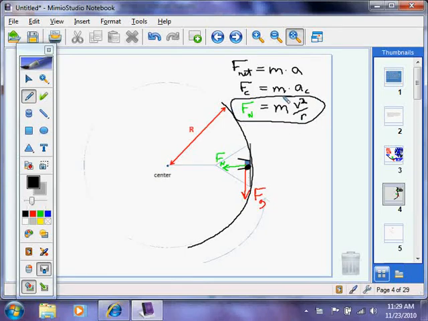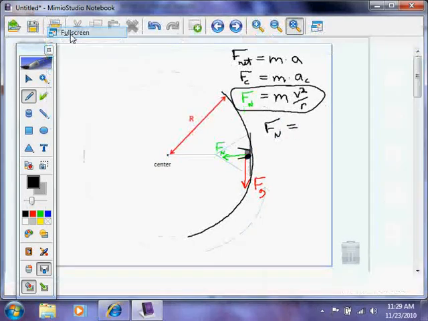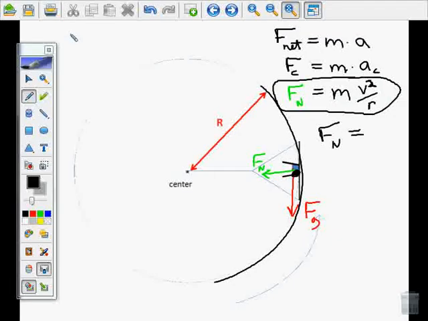And if we plug in values, what do we get for F sub n? Well, it's going to be equal to 0.1 kilograms times 6 meters per second squared all over the radius of 1 meter.